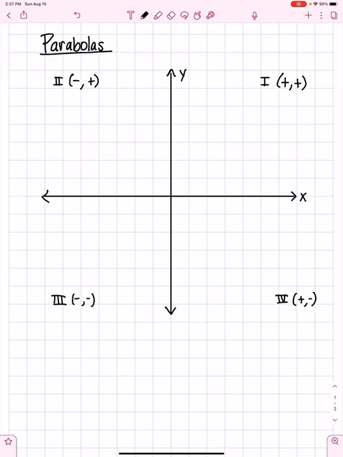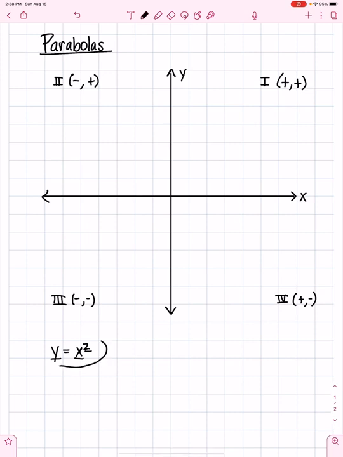For instance, if I write y equals x squared, you should automatically think, okay, the equation's the blueprint, but what does it tell me? Well, it tells me that the x is squared for every one of the y values. So that means that it is going to produce a parabola.